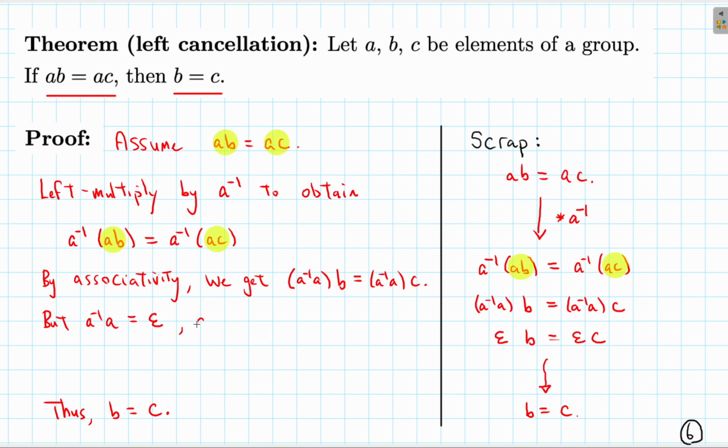And thus, we have it right underneath. Epsilon B equals epsilon C. And so that's what we have.